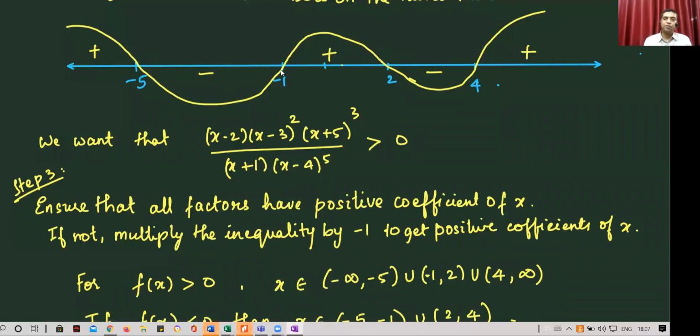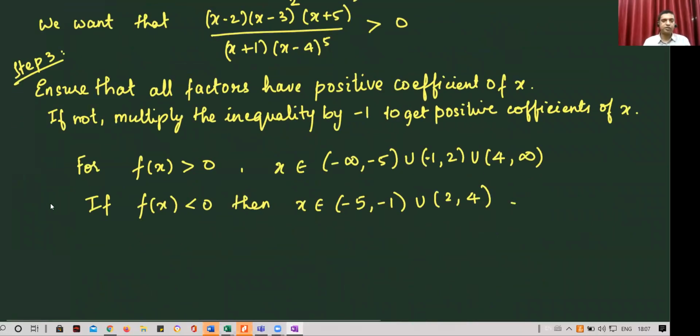At x equal to -1 and x equal to 4, the function will not be defined. Actually, this will tend to minus infinity and this will tend to plus infinity. So you're right. However, this method is only to find out whether the expression is having positive sign or negative sign. Okay, good question.